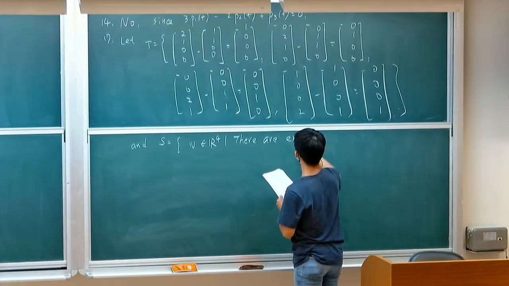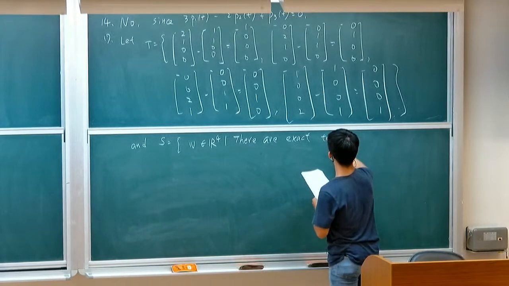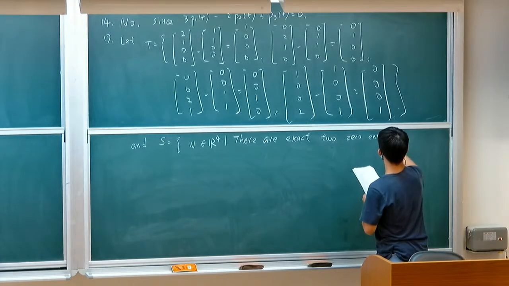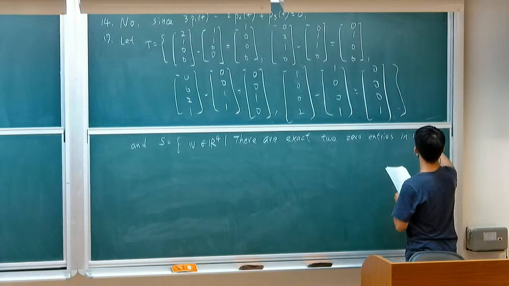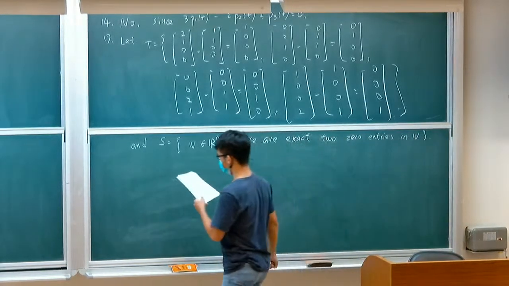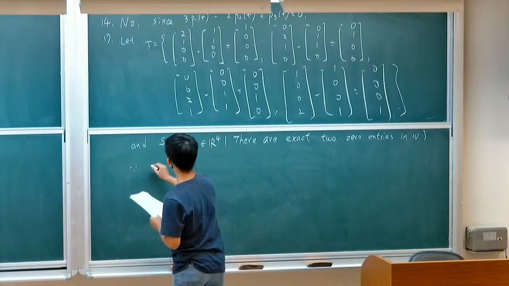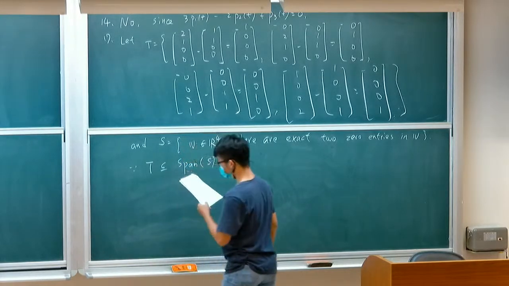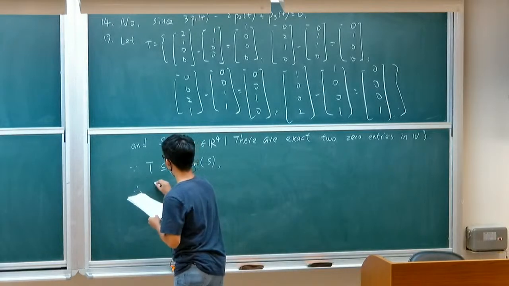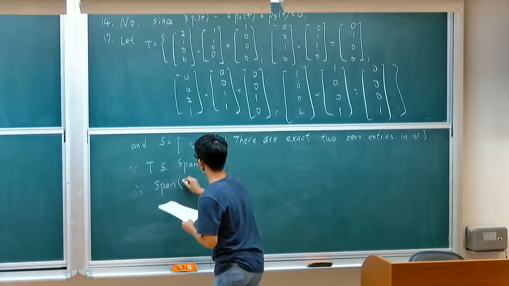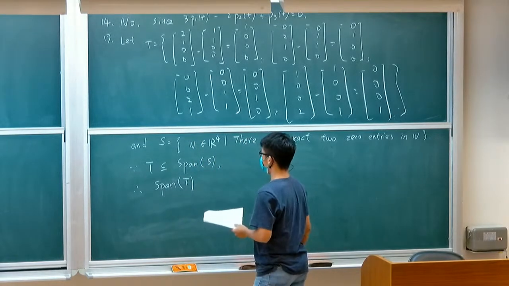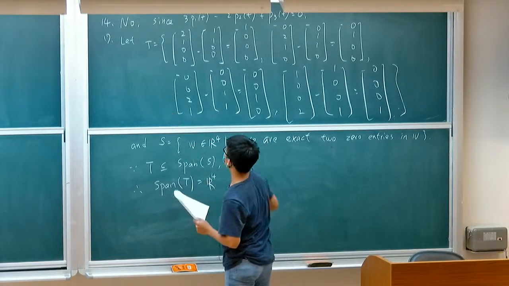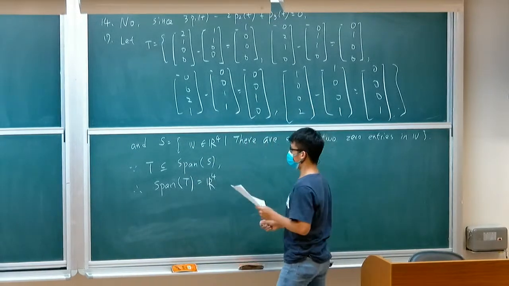There are exactly 2 zero entries in V. Now we have, since T is inside span of S, so span of T, apparently span of T is R4, since T contains 4 standard vectors.